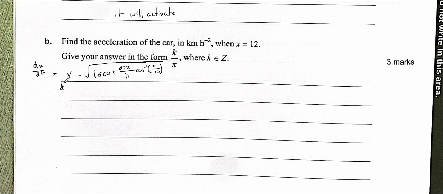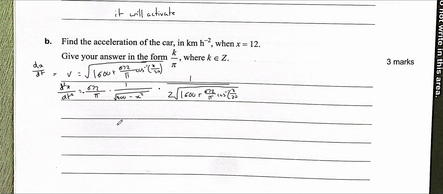So differentiating this, it's going to be the derivative of the inside function, which is 672 on pi times negative 672 on pi, over the square root of 400 minus x squared, multiplied by 1 over 2 root 1,600 plus 672 on pi cos x on 20.